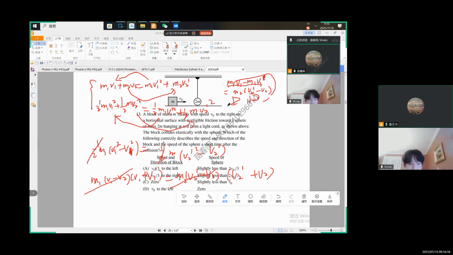So it's v1 plus v1 prime equals v2 plus v2 prime. Does that make sense? So always use the difference of squares.